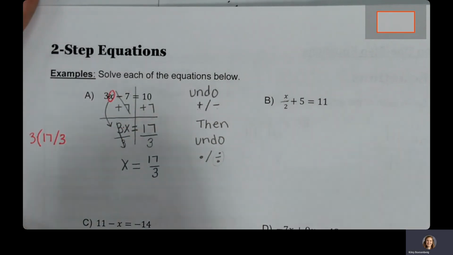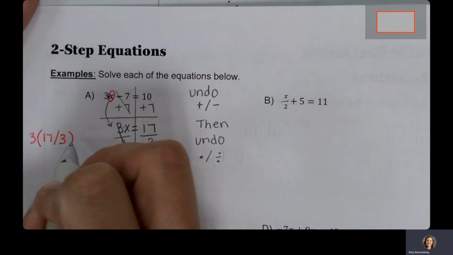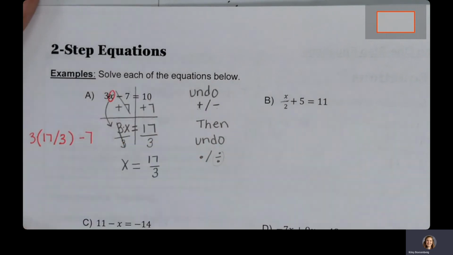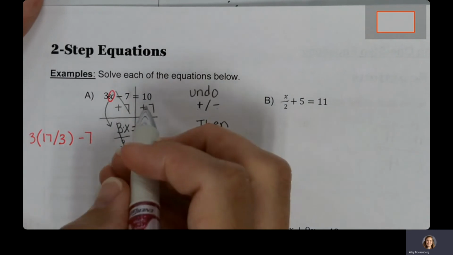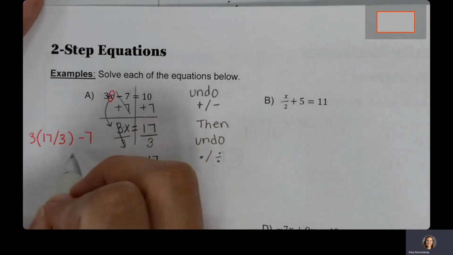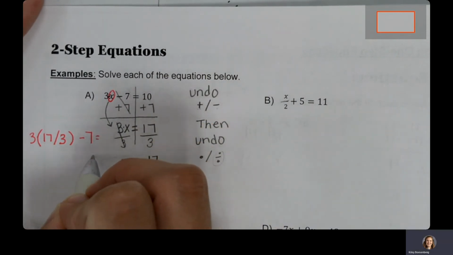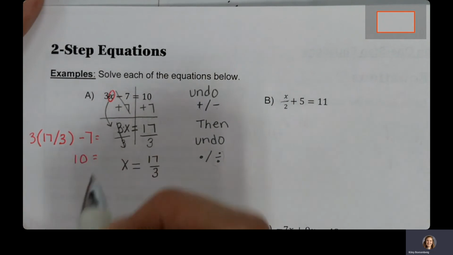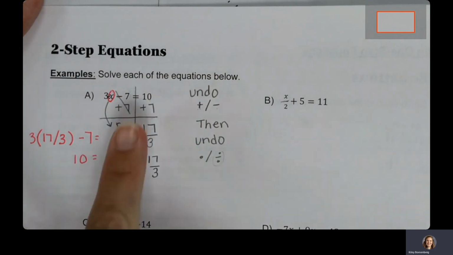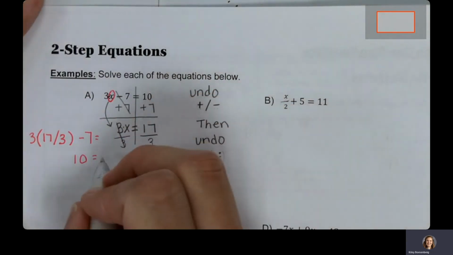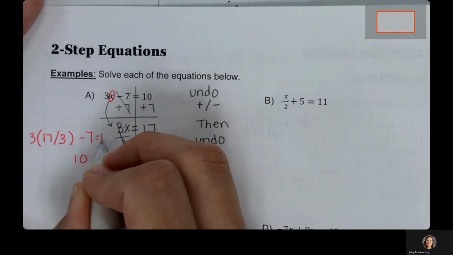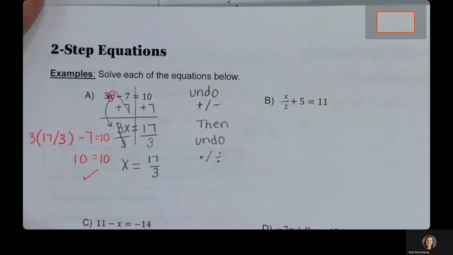So hit the divide button and then hit -7 in your calculator. Now what you should see is the equals part. So once you hit enter in your calculator, you should get 10. That's what you should see in your calculator. And that's what we have on this right-hand side. We have 10. So that checks out.